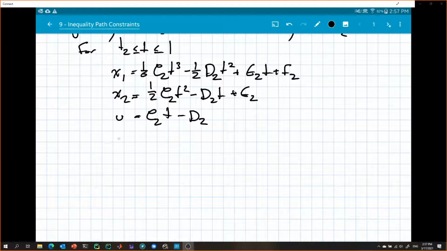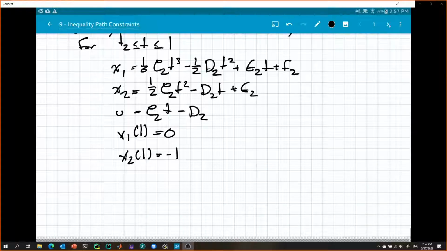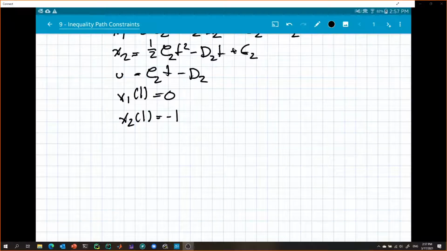And then we have conditions at the end of the trajectory, which is x1 at 1 is 0, x2 at 1 is equal to -1. For symmetry reasons, and just because it's easier, we can actually rewrite all this stuff on the back.